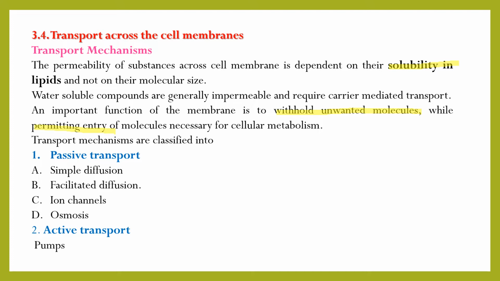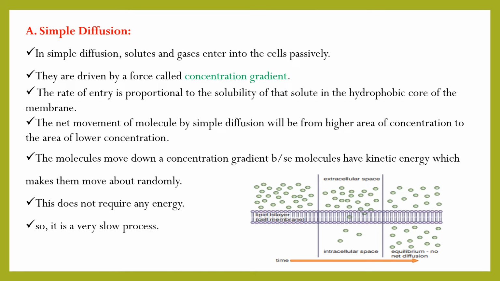Transport mechanisms can be classified as passive transport, which includes simple diffusion, facilitative diffusion, ion exchange channel, and osmosis, and active transport, which includes pumps. Simple diffusion is a type of passive transport. In simple diffusion, some solids and gases enter into the cell simply passively.